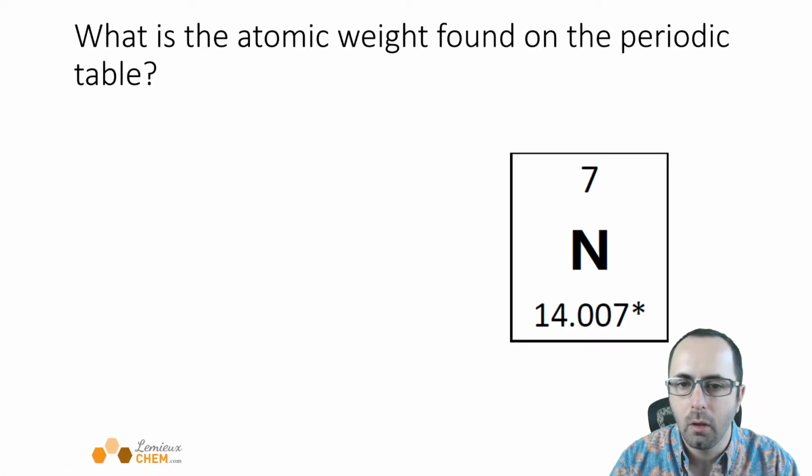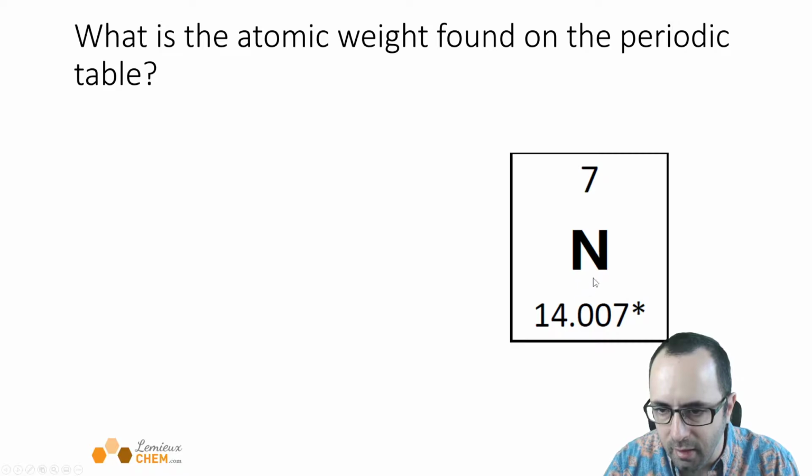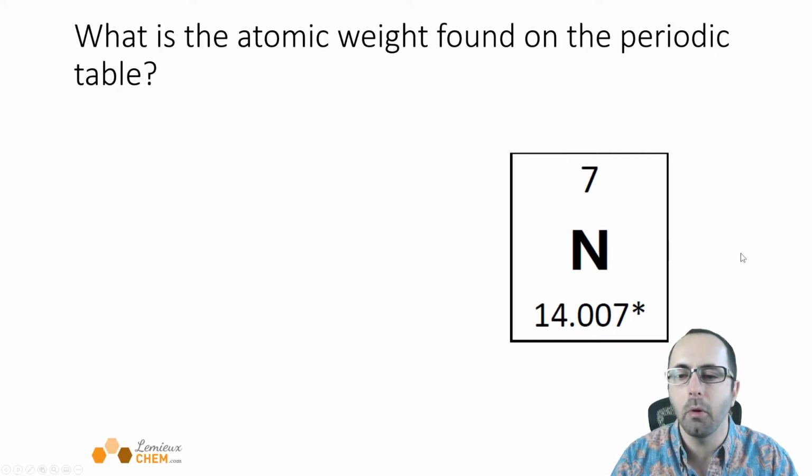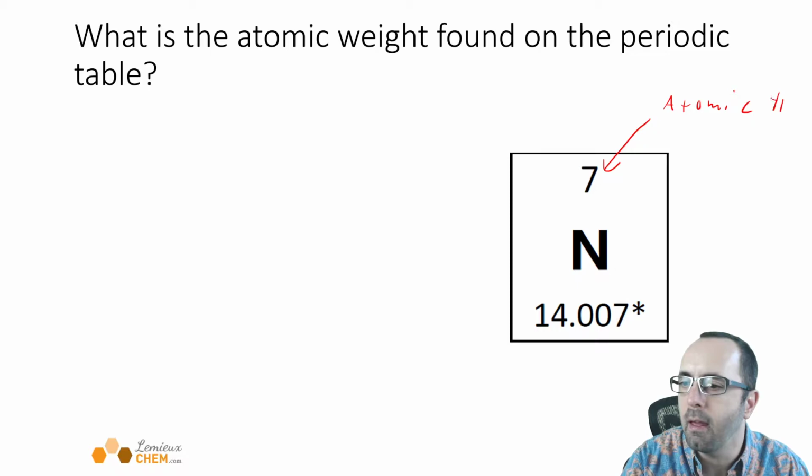So when we look at the periodic table, like with nitrogen here, we see the number up top, and hopefully you remember from the last lecture that the number up top is called the atomic number, and this is the number of protons.